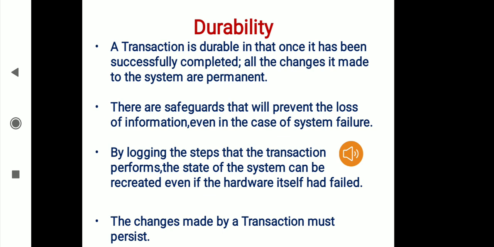By logging the steps that a transaction performs, the state of the system can be recreated even if the hardware itself had failed. To put it simply, the changes made by a transaction must persist. If the changes made by a transaction do not persist, it may lead to future inconsistencies in the database system.